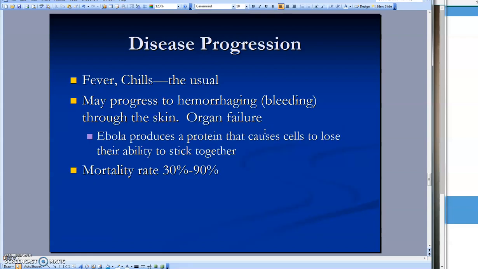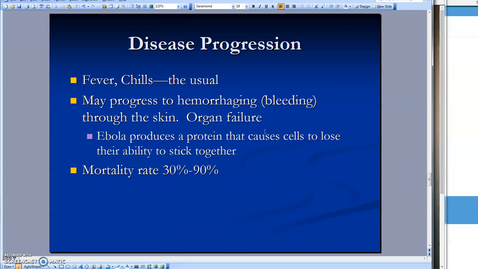All right, the disease progression for Ebola. It starts off with just flu-like symptoms, your usual symptoms: fever, chills, muscle ache. But that'll last for a few days, and the problem though is the hemorrhage, the bleeding part. What Ebola does when it's infecting you is it has a protein that prevents cells from sticking together.